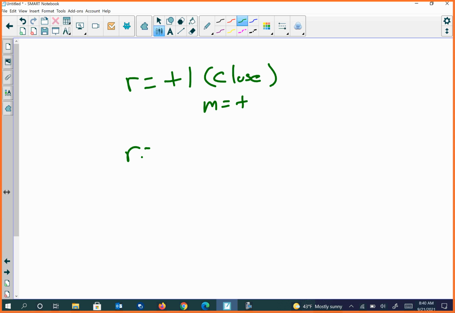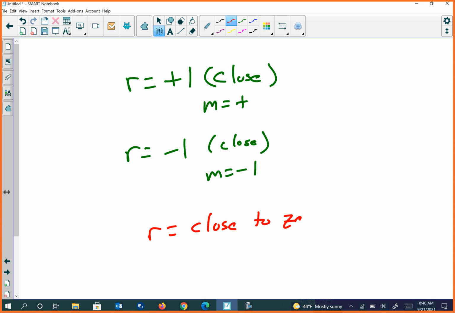If you have an R value that is close to negative 1, that again means your data is very close to the line of best fit, but you have a slope that would be negative. So if you have an R value that is close to 0, that basically means you're measuring something that has no linear correlation to it.